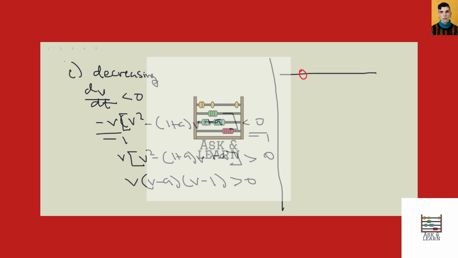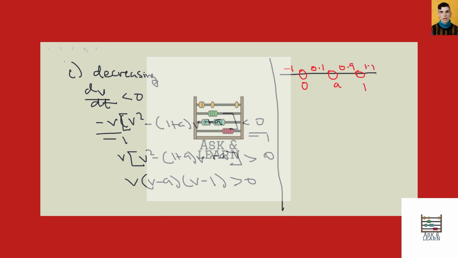So we have a critical point there, which is 0, and then another critical point a and another critical point 1. We're still going to test the same points, 0.1, and then 0.9 and then 1.1.